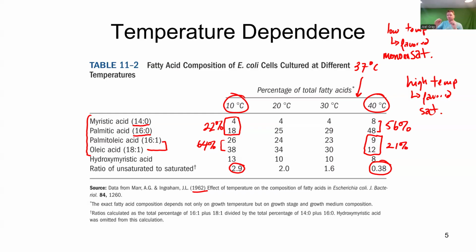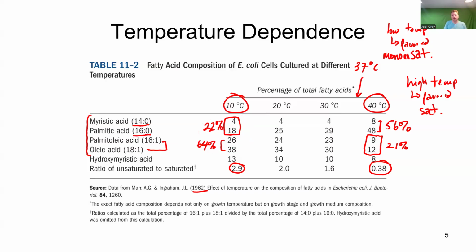So you have to have a combination of monounsaturated and saturated. And actually, if we tried to build a membrane with these exact numbers at 40 degrees Celsius, that membrane would fall apart immediately because there's not enough of the saturated fatty acids to hold it intact at 40 degrees Celsius.